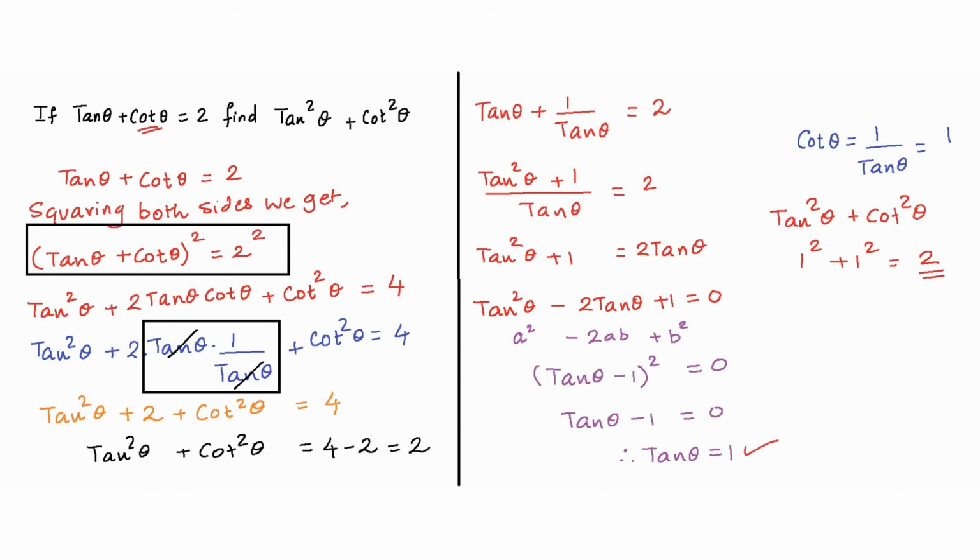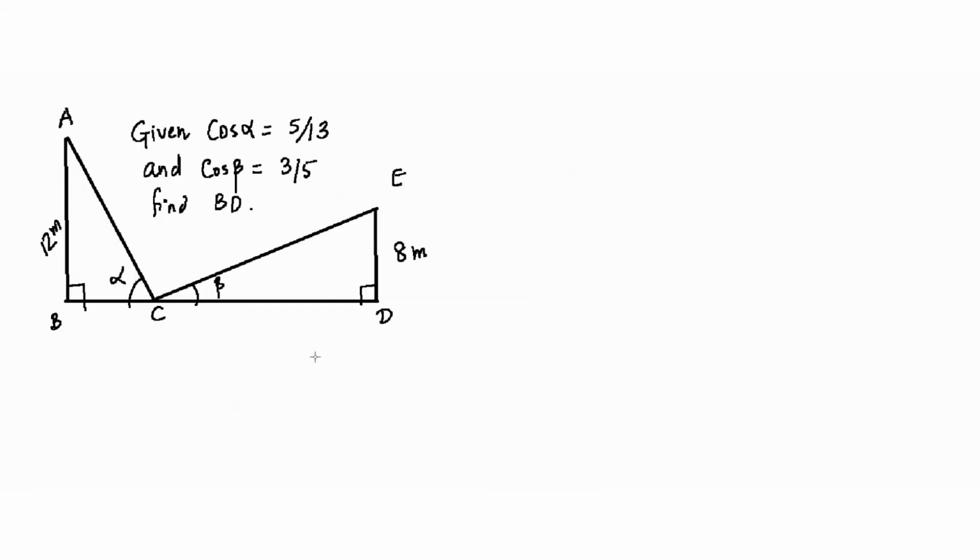Moving on to the next question. Let's take a look at this question. In this figure, you notice that there are two right angled triangles. One is right angled triangle ABC, in which AB is marked as 12 meters and angle ACB is alpha. And there is one more right angled triangle on the right side, which has angle C marked as beta.